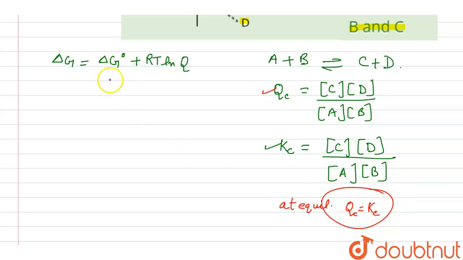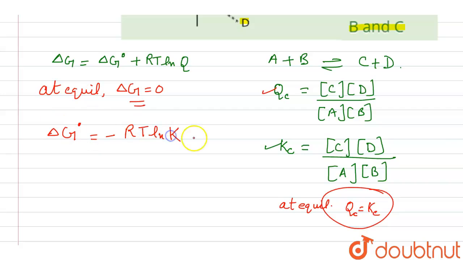Now if we see in this particular case, as we know, at equilibrium Gibbs free energy is equals to 0. So if we put delta G equals to 0, this equation becomes delta G naught is equals to minus RT natural log of K, because the quotient is equals to Kc at equilibrium, right?